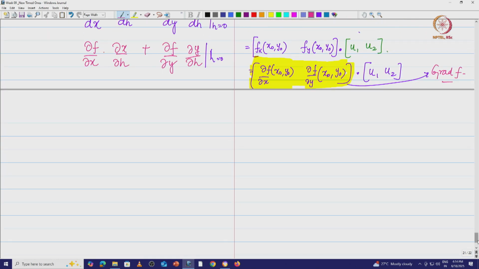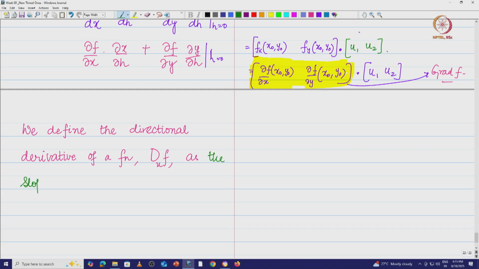So, we define the directional derivative of a function, denoted by D, of the function f in the direction of the vector u, as the slope of the function f in the direction of u.